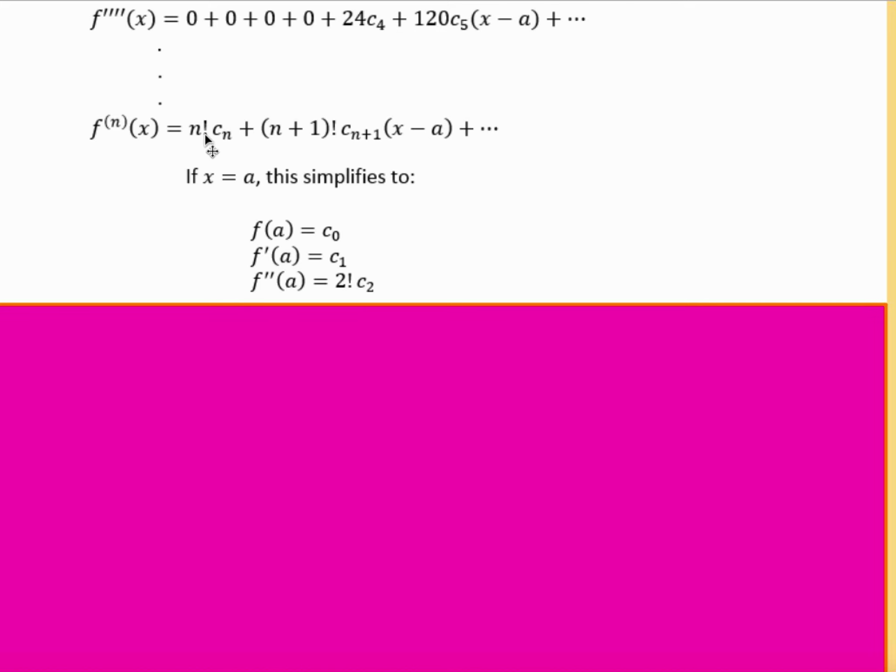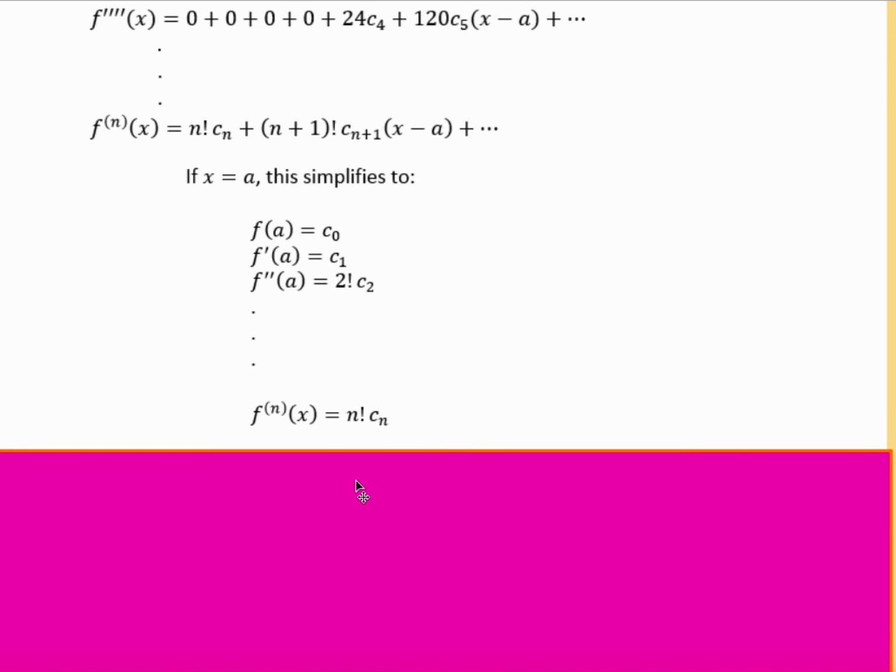Now think about it. I'm just substituting in a constant value for our x, all the way until we get to the nth derivative again. And so our constant is just going to be n factorial, whatever.